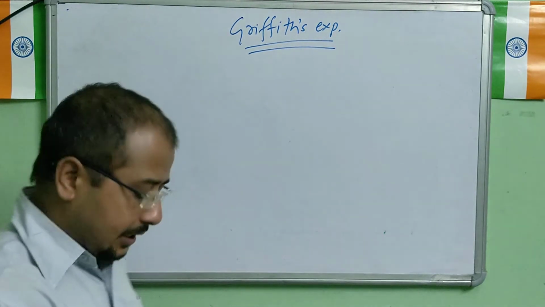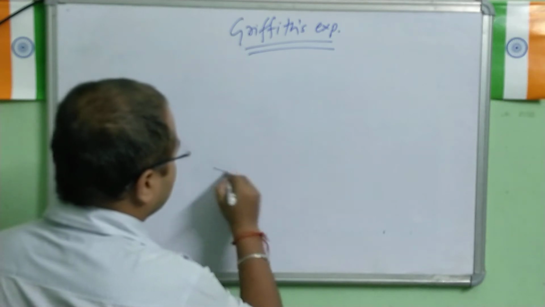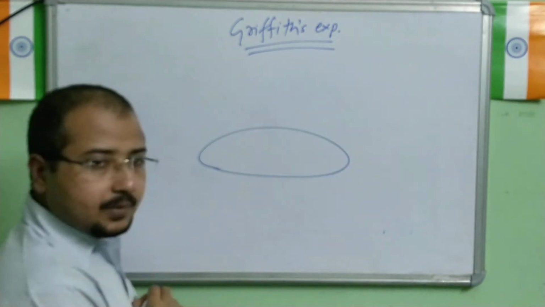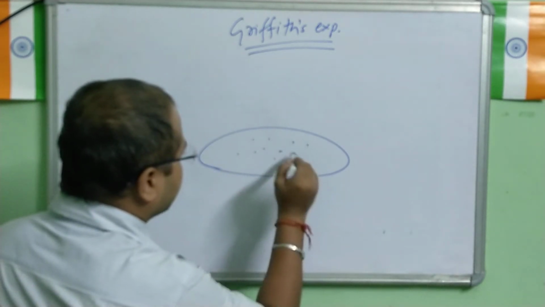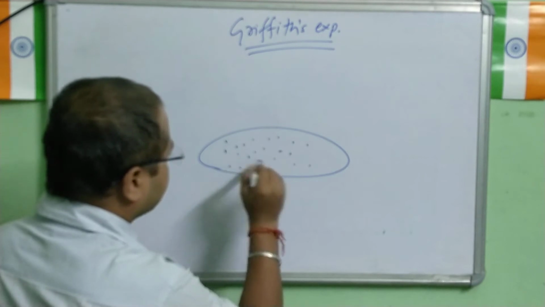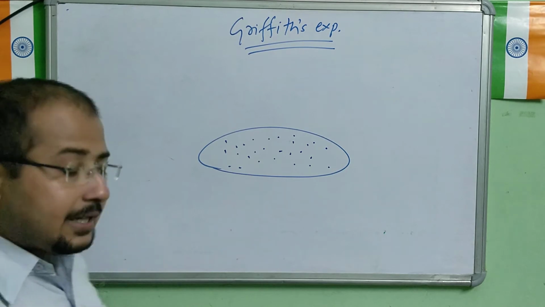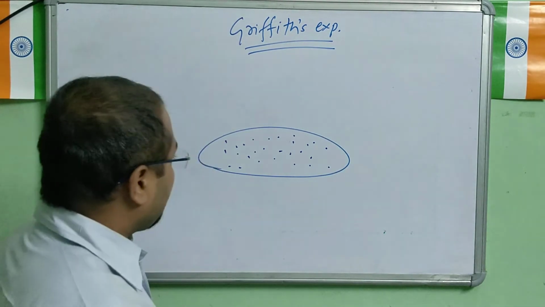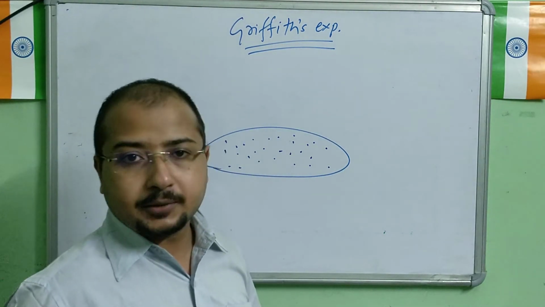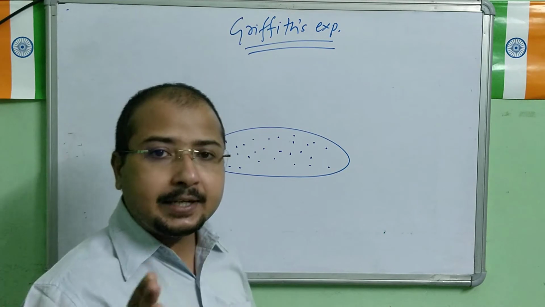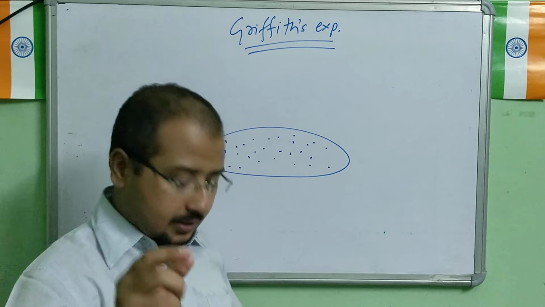When he was culturing Streptococcus pneumoniae in the nutrient medium, he saw that while growing, some of these bacteria came up with a smooth shining surface.